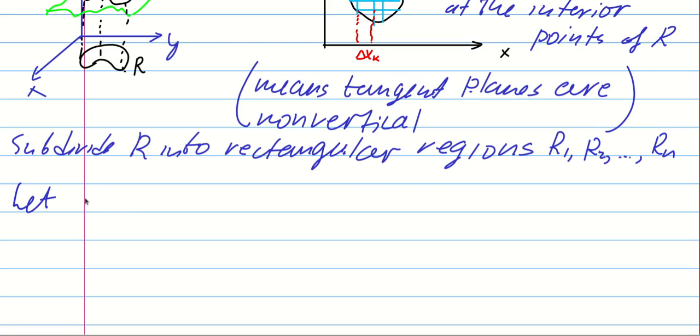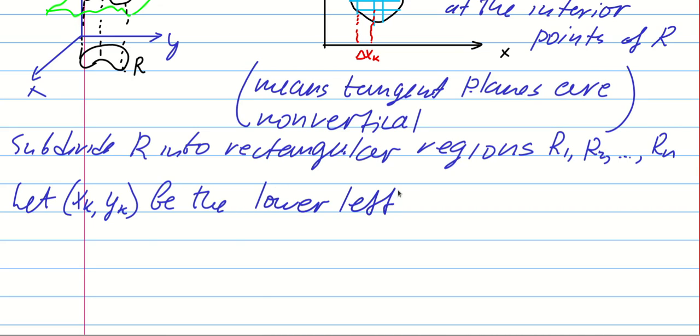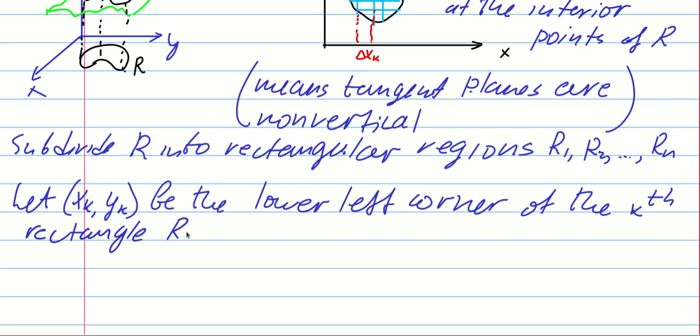So let x sub k, y sub k be the lower left corner of the kth rectangle R sub k.